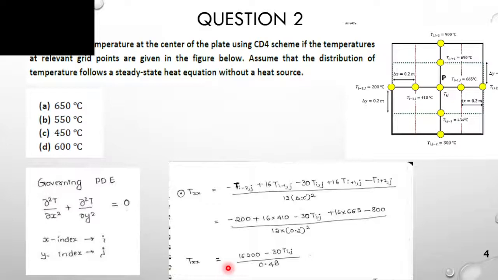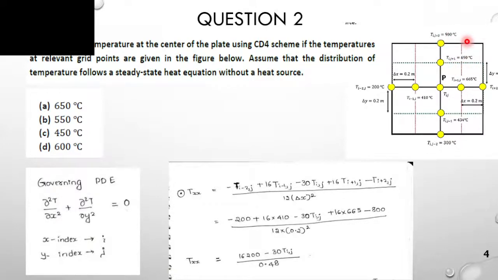Can you write on the chat box? It should be very simple. See, what will you write? Minus 300 plus 16 into 434, plus 16 into 690 plus minus 900.